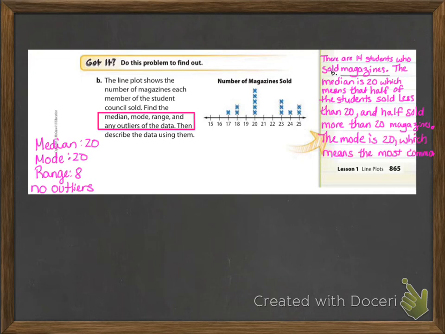The mode is 20, which means that the most common number of magazines sold was 20. And then I just put in there the range was 8. There's not really a whole lot to say about the range. And because there's no outlier, I didn't even include it in my explanation. So be sure to make those corrections in pen on your paper. So I see that you've made those corrections when I walk around and check your work tomorrow.